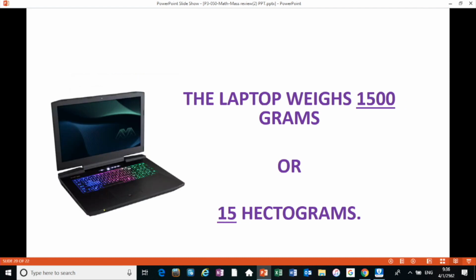The laptop weighs 1,500 grams or 15 hectograms. How many kid? 15. Remember the same, excellent, 15 kid.